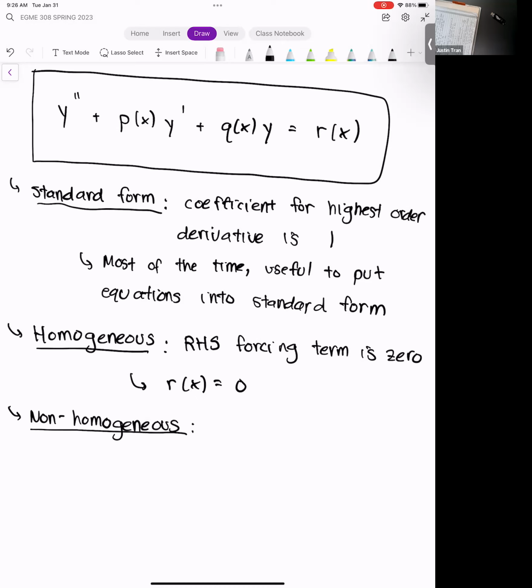The opposite of homogeneous is non-homogeneous, which basically means that there is some kind of right-hand side forcing. When r of x is not equal to 0, that's a non-homogeneous equation.